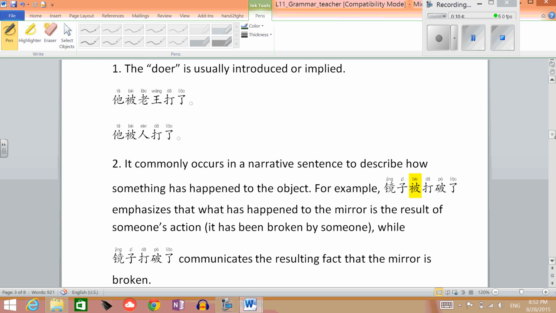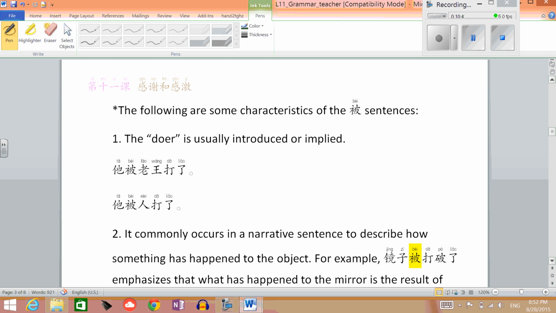Another thing here is the characteristics we're going to talk about. There are 7 of them, I believe. The first one, the doer, the subject, is usually introduced or implied. Two sentences. 他被老王打了. It sounds like 老王 is a bad person, right? 他被老王打了.